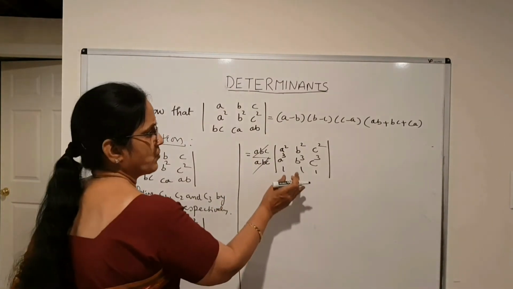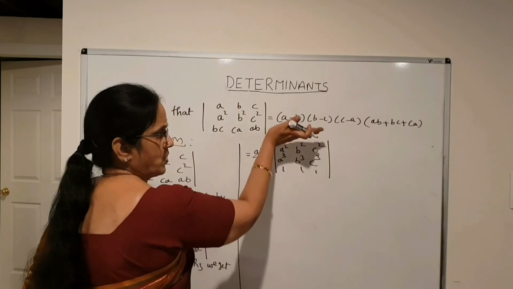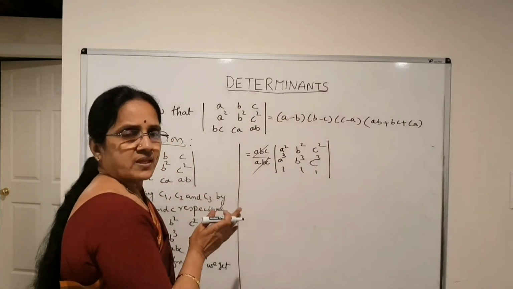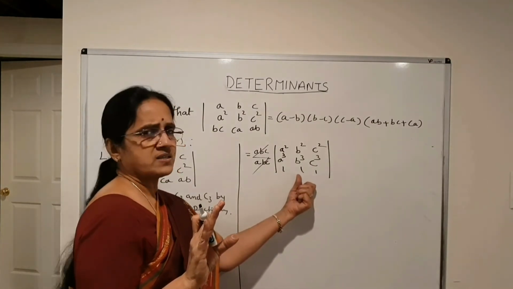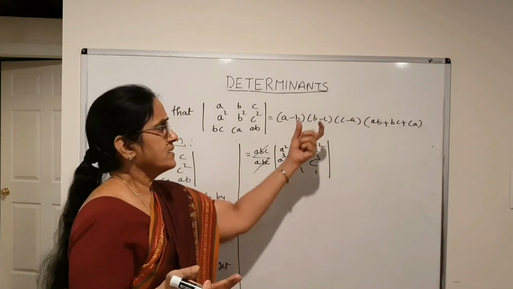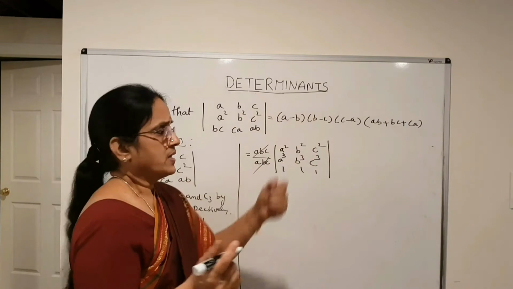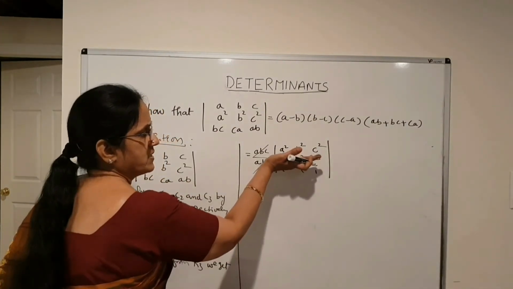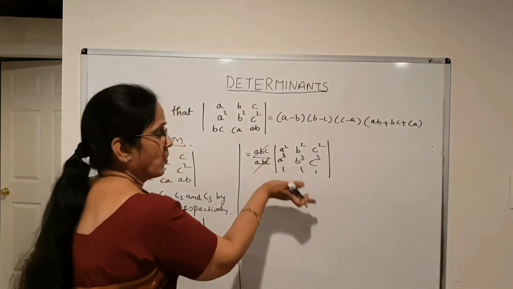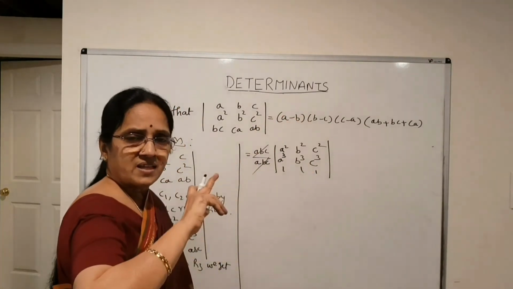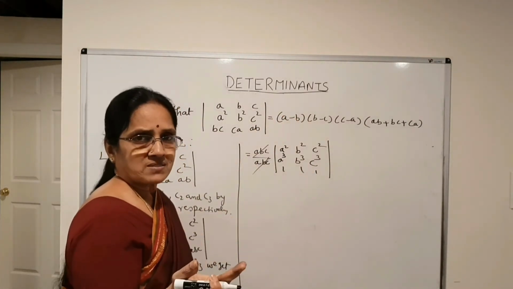I am going to shift 1, 1, 1 to R1, but only for convenience sake, so that after that I can make two entries 0 and expand and get the required answer. Now, when I make one shift, the value of the determinant will become minus. When I make one more shift, then again minus into minus will become plus.